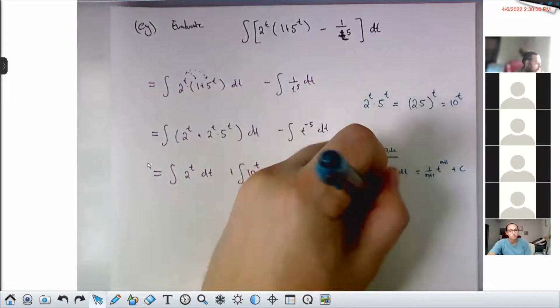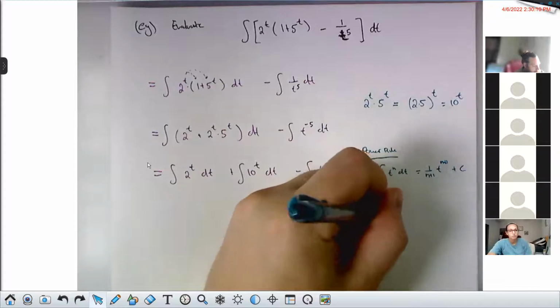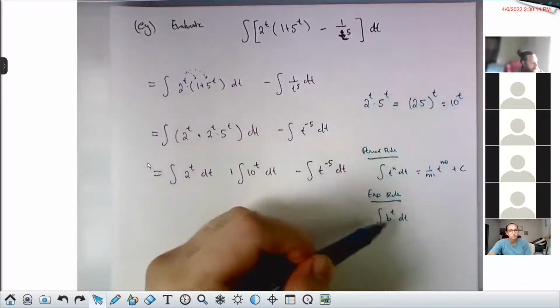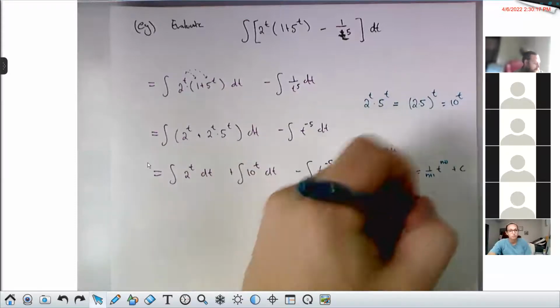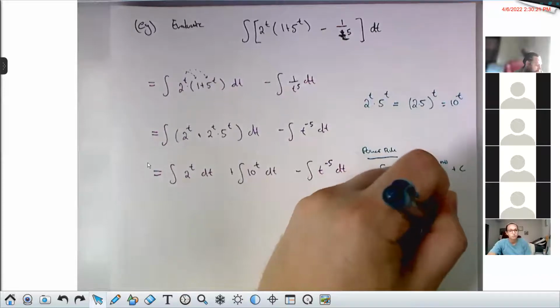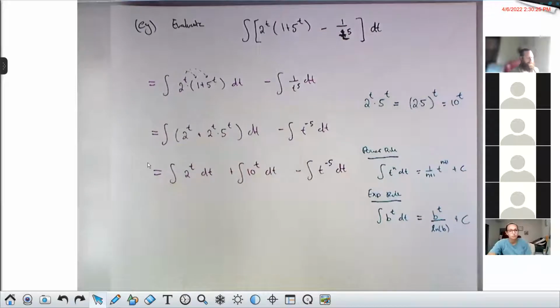If you want to give it a name, we can call it the exponential rule. It says if you want to integrate something like b to the t dt, where b is a constant, you will get b to the t divided by the natural log of b plus c.